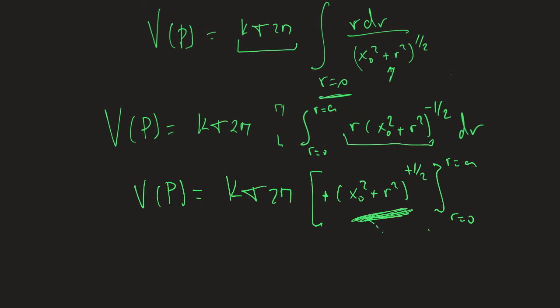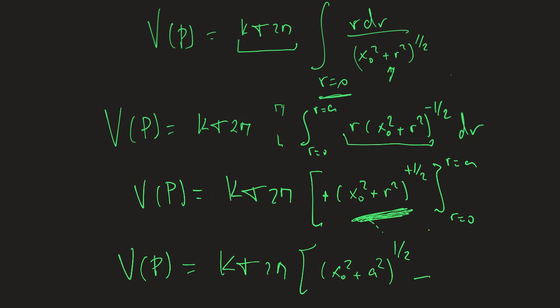So you can plug in V of P for the point: k sigma 2 pi times the square root of x0 squared plus a squared minus the square root of x0 squared, from r equals 0. And this is the solution of the potential.